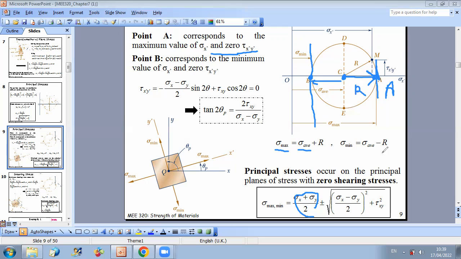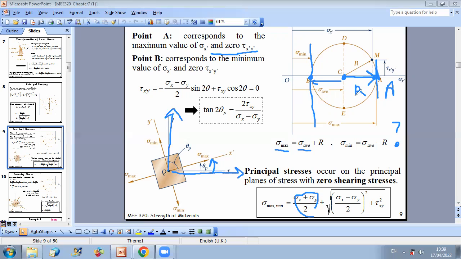Okay, now the question is how to find this plane, how to find the orientation of this plane relative to the xy frame. If I want to determine the angle of rotation that will allow me to find the maximum and minimum state of stress, I go back to my figure. I say I know the stress state at x and y.